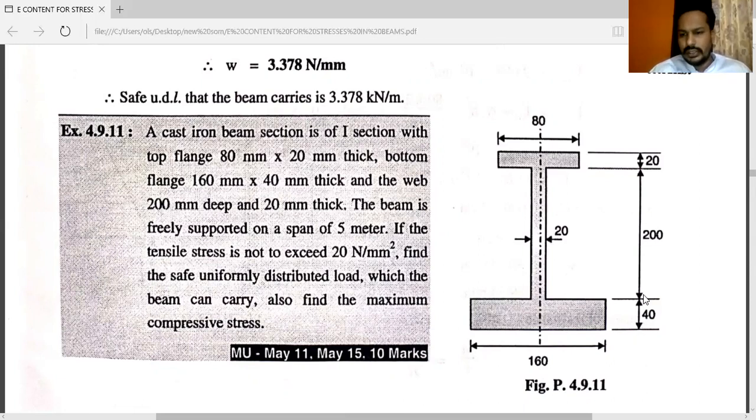You can see this depth is 40, this depth is 200, this one is 20, this one is 80. You can see the base, that is 160. I section is given, and we just have to calculate the safe uniformly distributed load which the beam can carry, and also find out the maximum compressive stress.